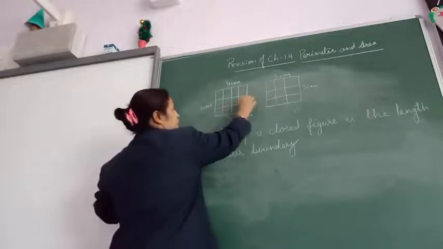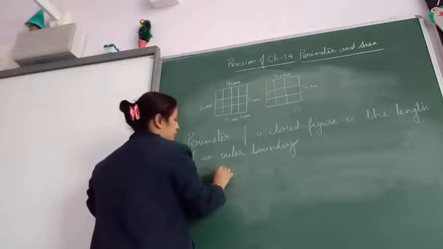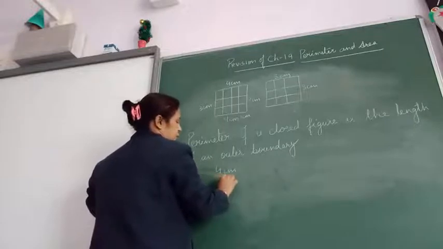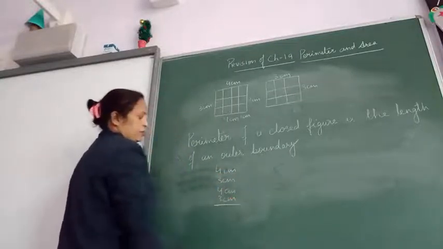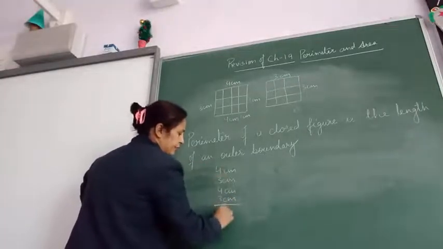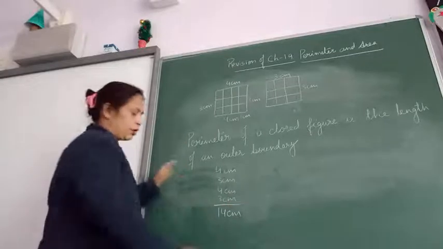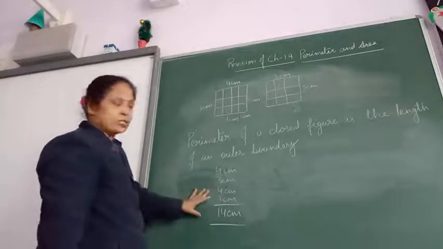so this side will also have this length, only 4 centimeter, and here it will be 3 centimeter. Okay, if you add all this, 4 centimeter, 3 centimeter, 4 centimeter and 3 centimeter, what will you get? 14 centimeter. So this figure, which is in rectangle shape, has a perimeter of 14 centimeter.